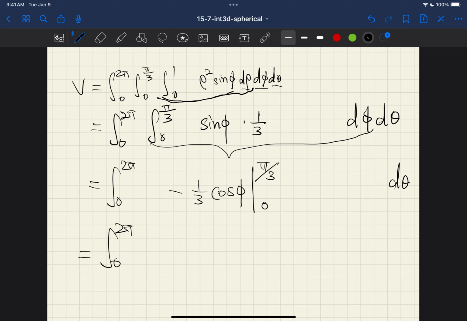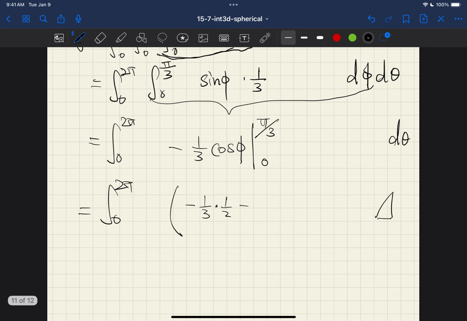So this is negative 1/3 times cosine pi over 3, which is 1/2, minus negative 1/3 times cosine 0, which is 1, d theta.